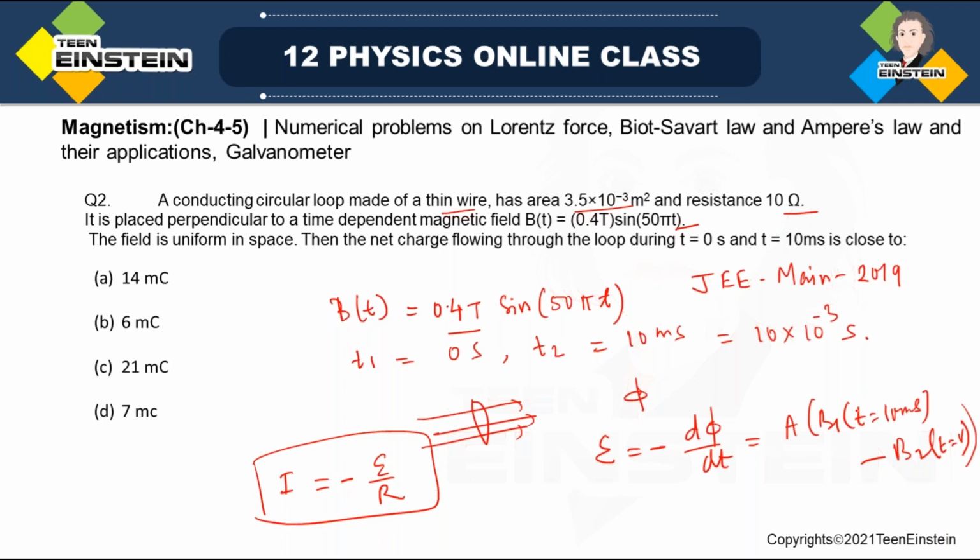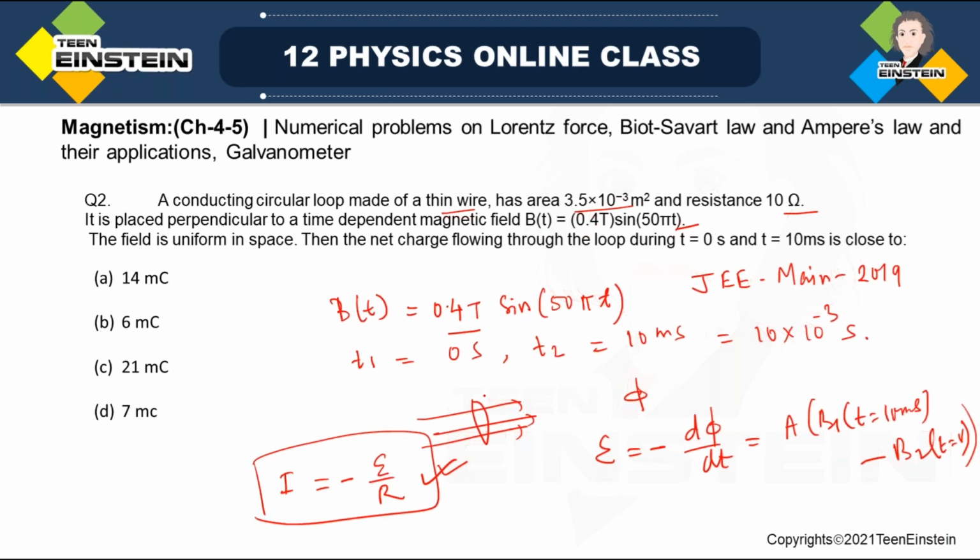Already we are seeing the rate of change of the flux, so we are indirectly getting the flow of charge during this time interval. Flow of charge means you have to find out the current. This is the fundamental concept being used here.